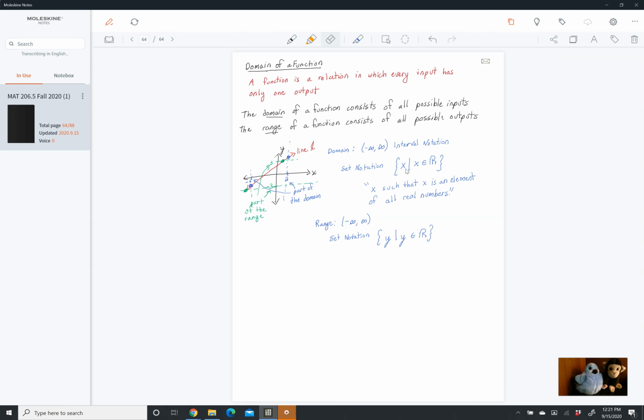Okay, let's take another line. Let's take the horizontal line. So this is true for all diagonal lines. Any line with a slope, this is true for, except for the lines with the slope of 0. So let's take a horizontal line.